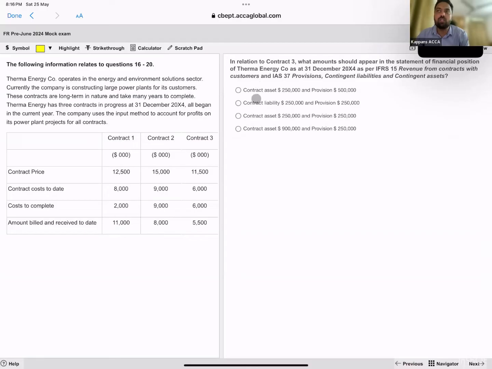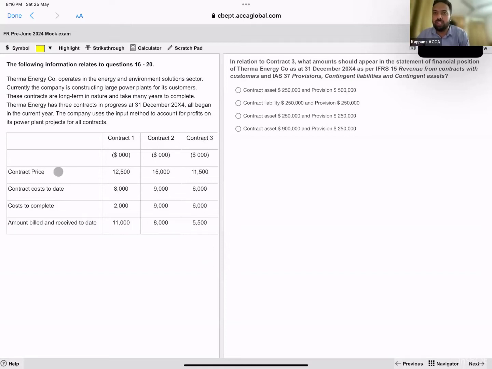If you go through those options, you can see contract asset, contract liability, contract asset, and contract asset. That is IFRS 15. And they're also asking you about the provision.